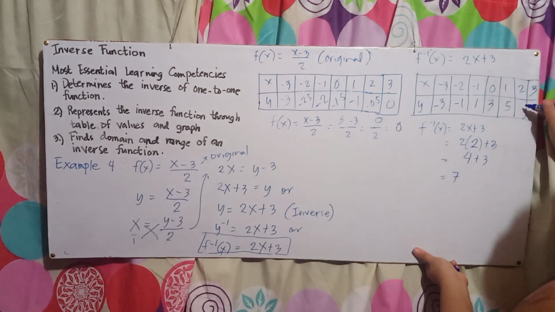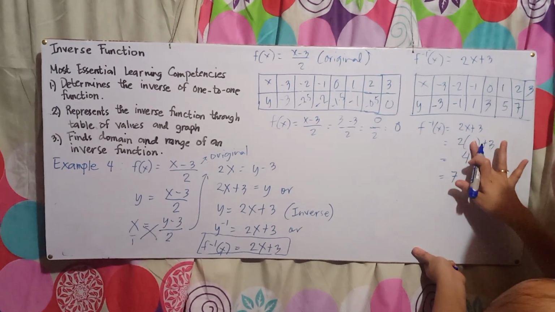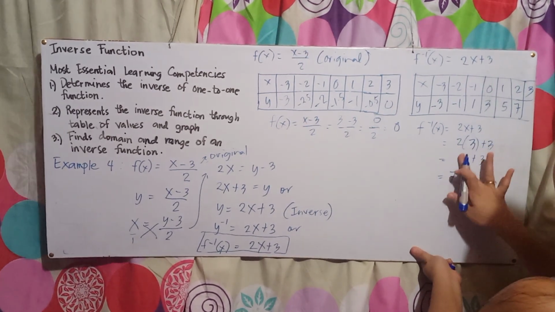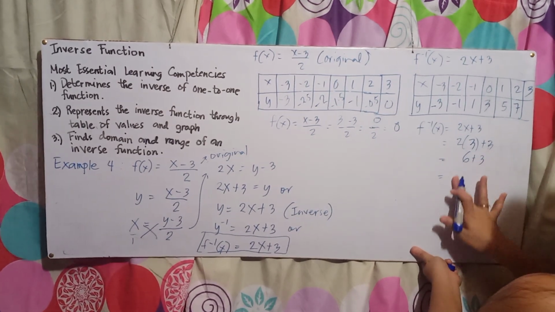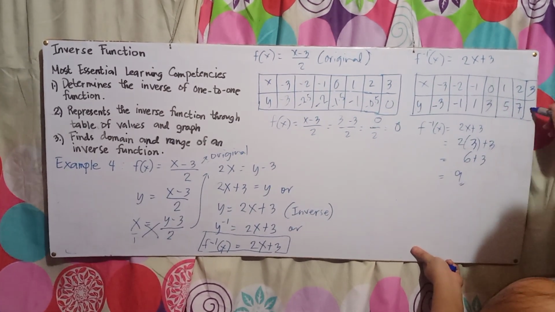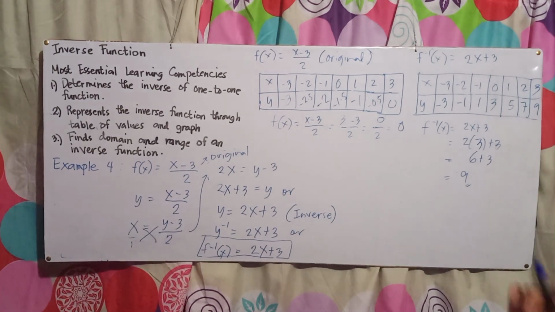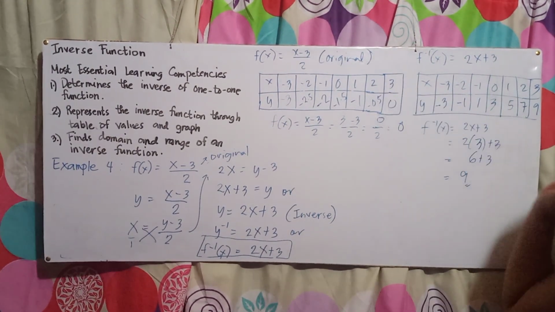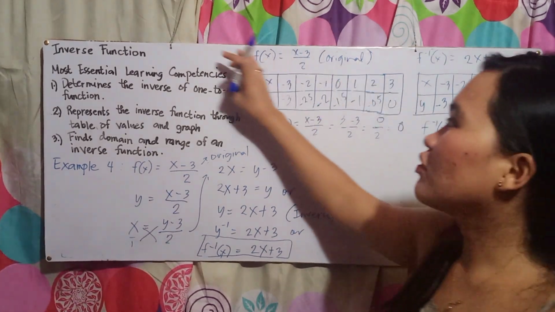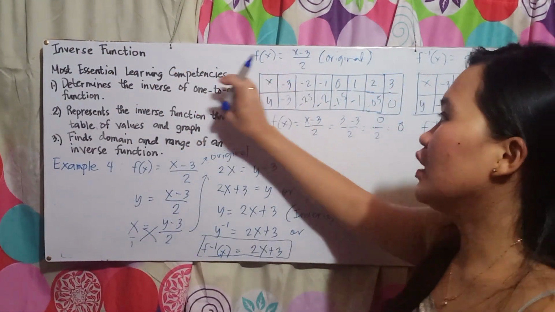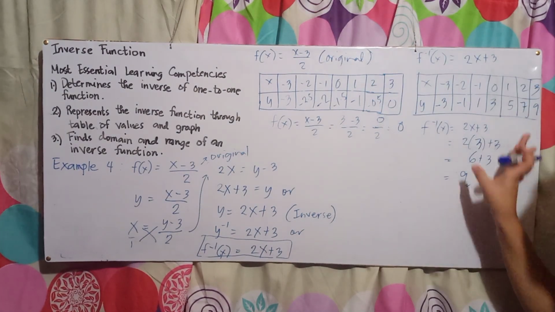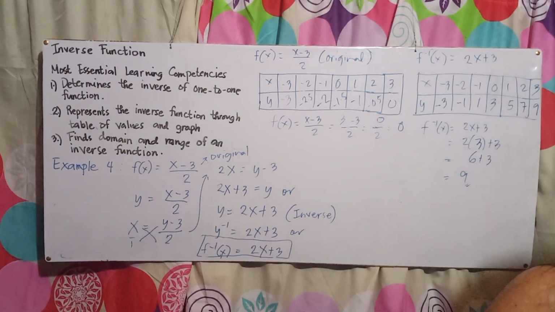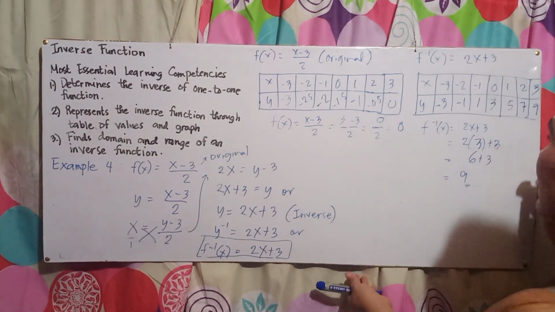Next is 3. 3 times 2 is 6, plus 3, 9. If the graph extends toward positive infinity, it extends to positive infinity. If it extends to negative infinity, it extends to negative infinity, on the same side. Okay, next is we graph.